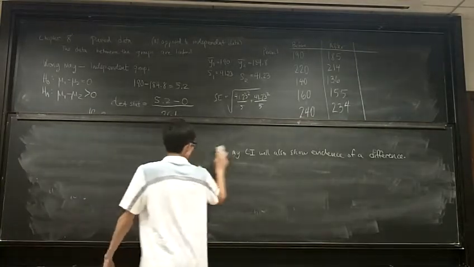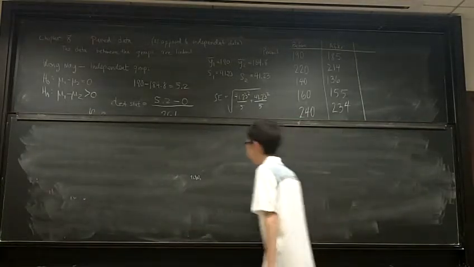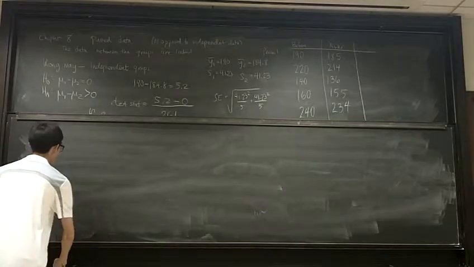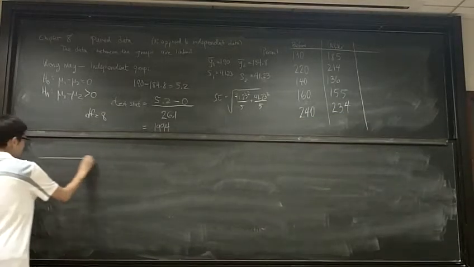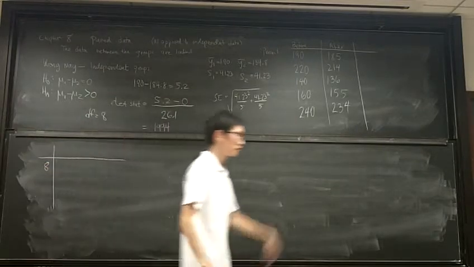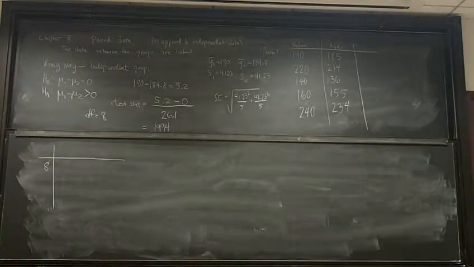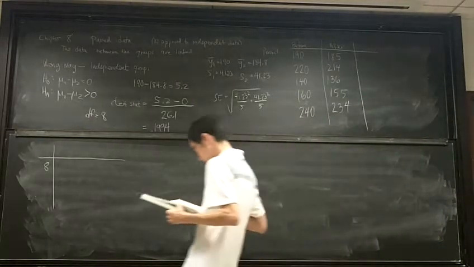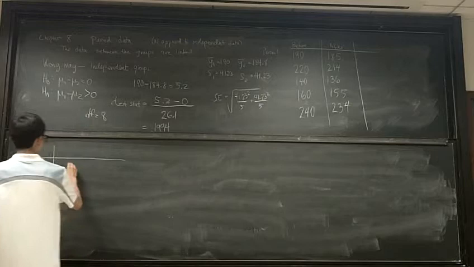Well, I go to my t-table. I'll go to the row with 8 degrees of freedom. And the very first number is 0.889.